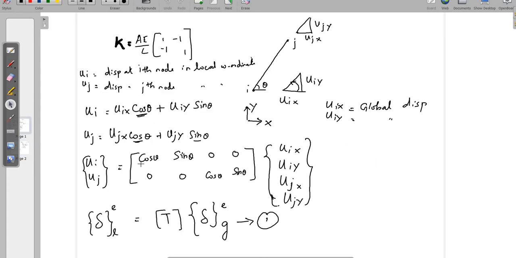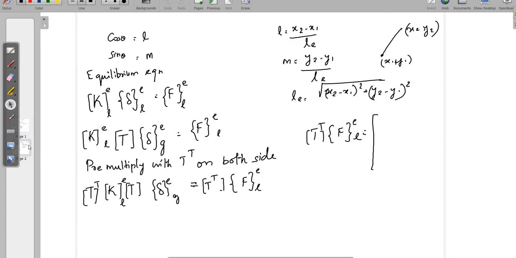So we have T as cos theta sin theta 0 0, 0 0 cos theta sin theta. Now T transpose is the transpose of this matrix. I am transposing the matrix, and the force vector for the element in local coordinate is Fi and Fj.